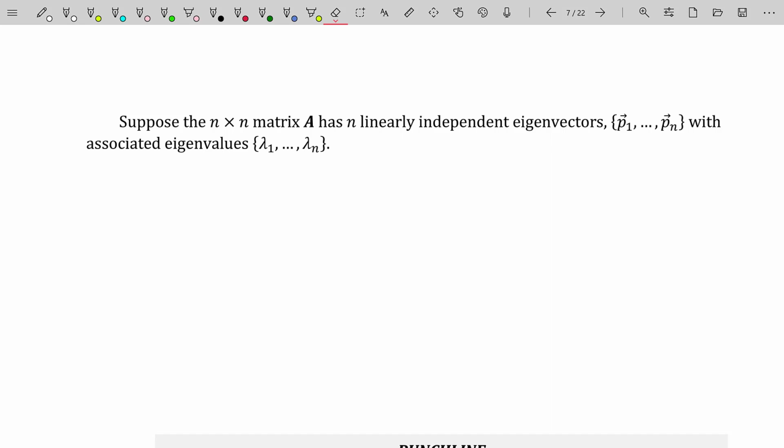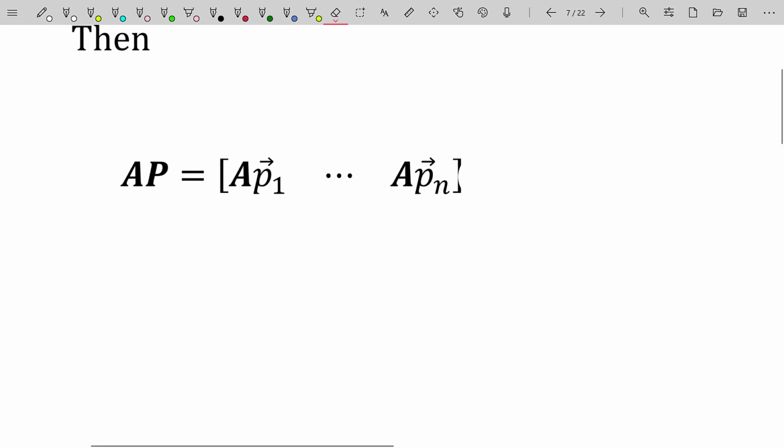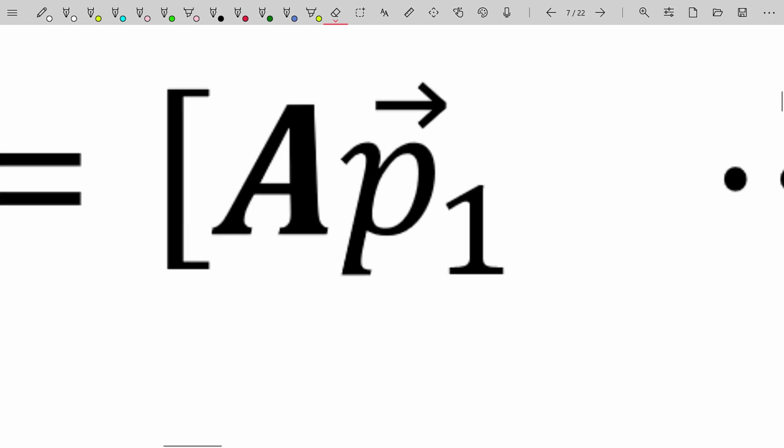Nothing as written until I say, let's form a matrix from those eigenvectors. You nod your head and say, okay, I'm with you. Then let's take a look at A times that matrix. A times that matrix is just A times P sub 1 all the way to A times P sub n, the matrix of column vectors. But we know something very special about those vectors.